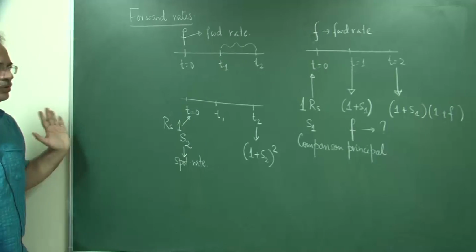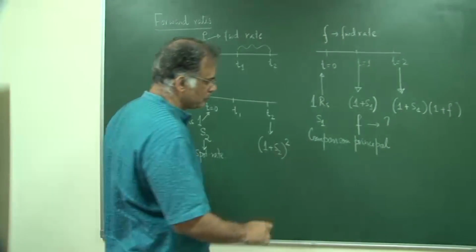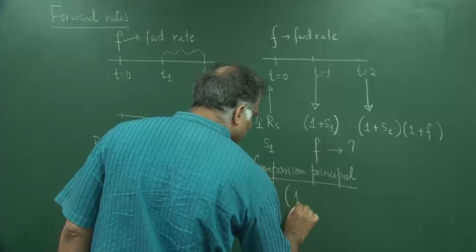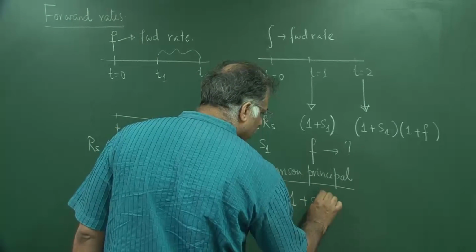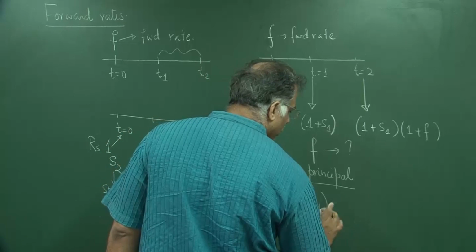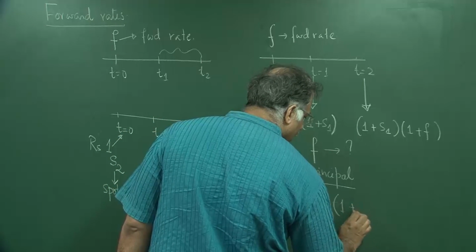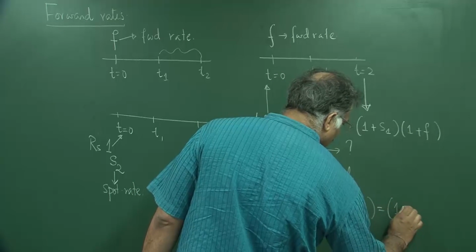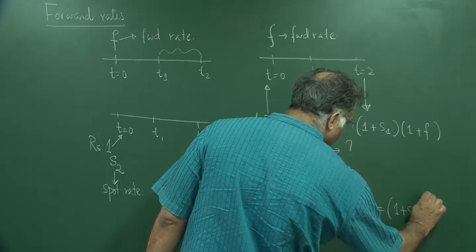Bank or bond, whatever, zero coupon bonds. So the comparison principle then says that (1 plus S1) into (1 plus F) must equal (1 plus S2) square.